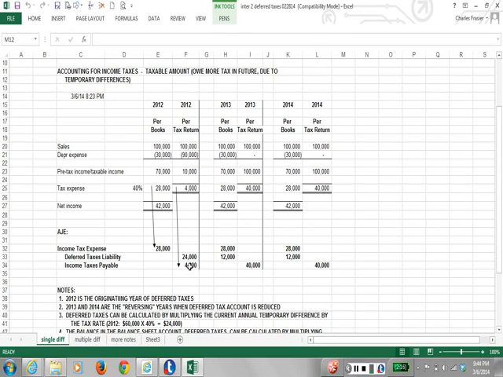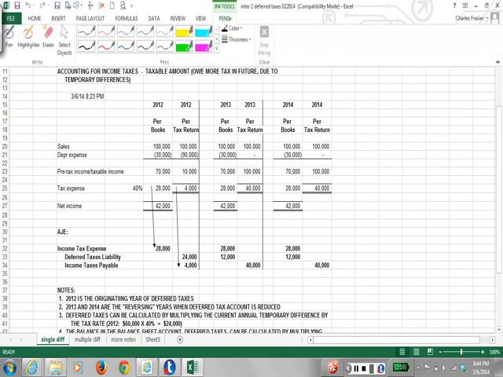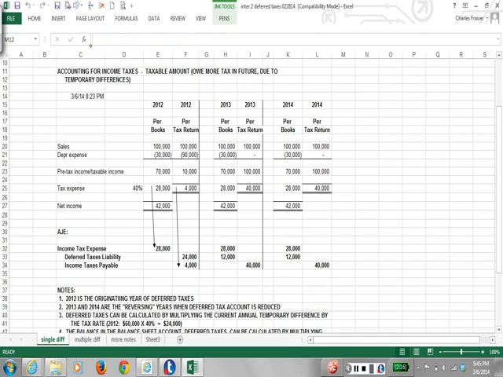So keep in mind then, and I will attempt to use a pen, that the credit to income taxes payable is based on taxable income, and the income tax expense is based on the book income. And so that's true in all the years.